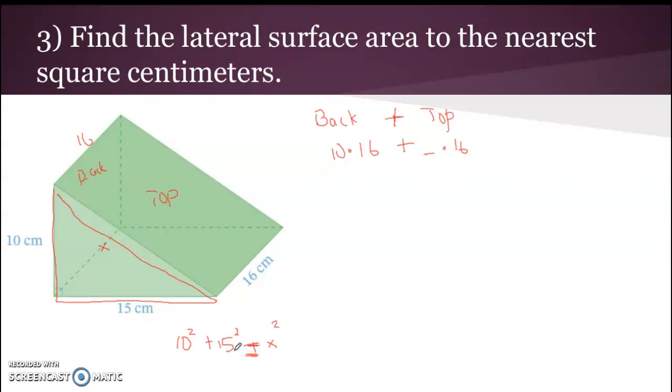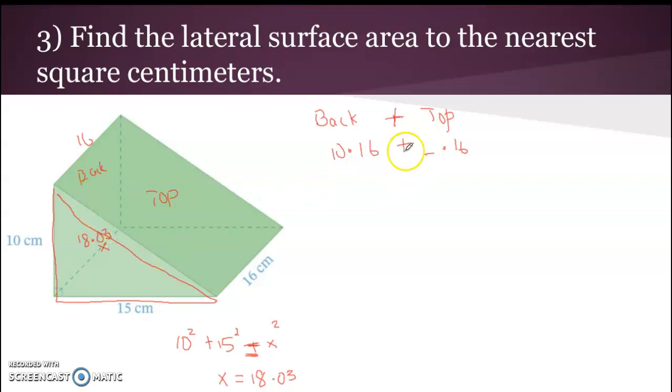So 10 squared plus 15 squared is actually 325. And the square root of that, make sure you check in the calculator, says 18.03. I just did 2 decimals. So this is 18.03.